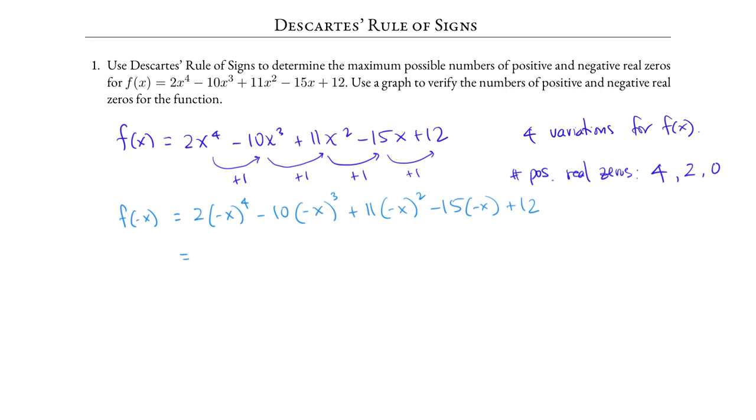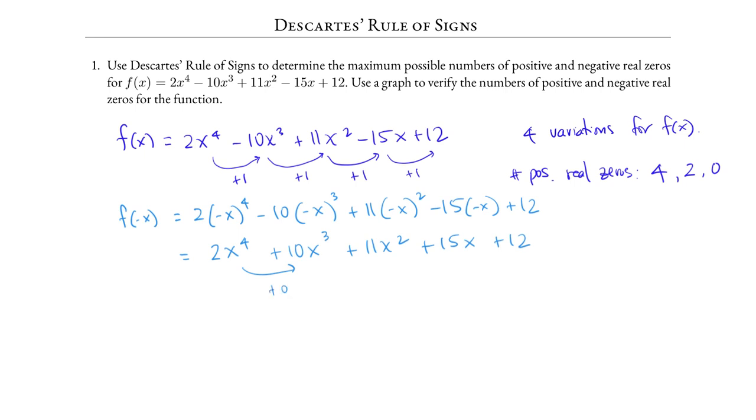The quantity negative x to the fourth is positive x to the fourth, so this is x to the fourth. The quantity negative x cubed is negative, and multiplying negative 10 is positive 10, so this is 10x cubed. The quantity negative x squared is positive x squared, so this is plus 11x squared. Negative times negative is positive, and then we bring down 12.